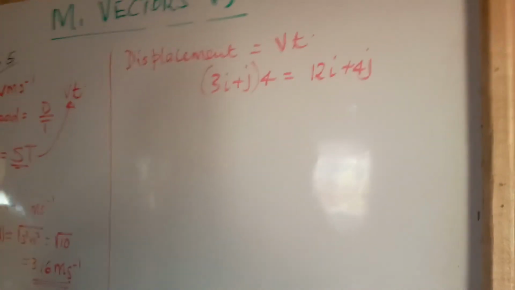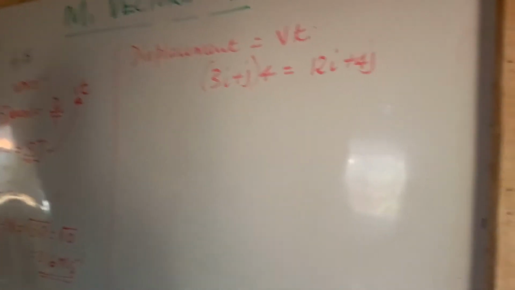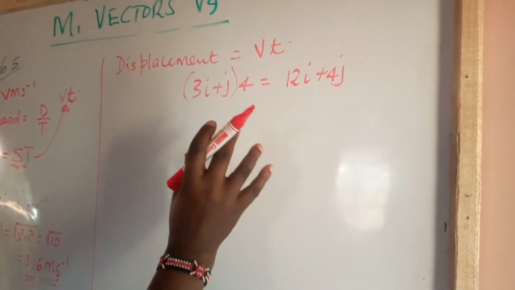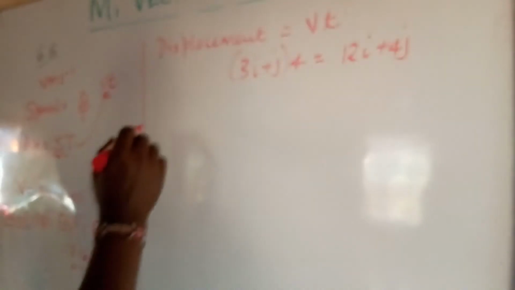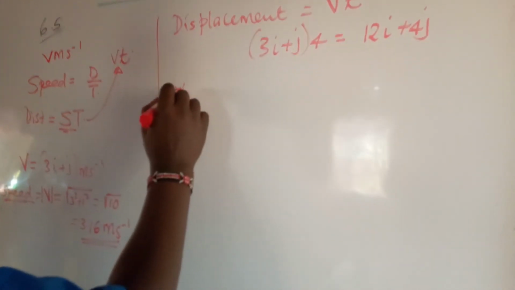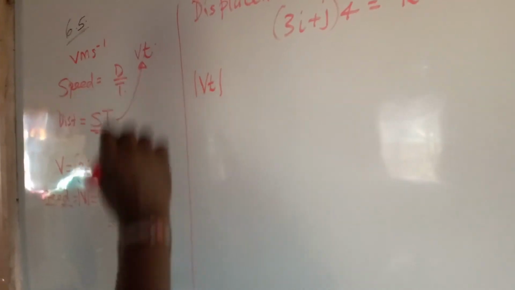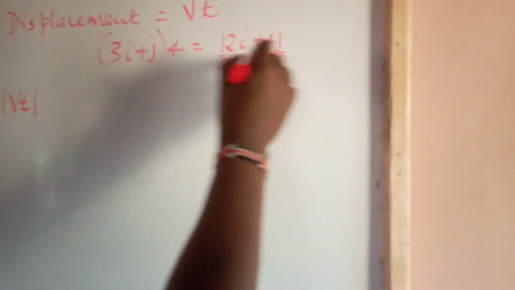After we have acquired that, this is the displacement. Now we need to get the distance moved, which is going to be given by the modulus of the displacement.